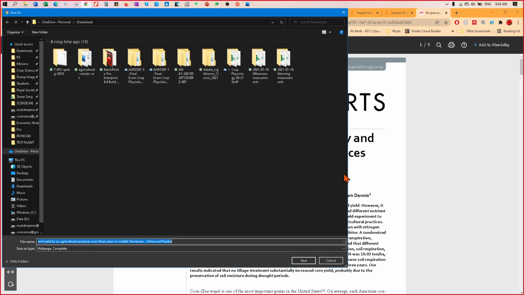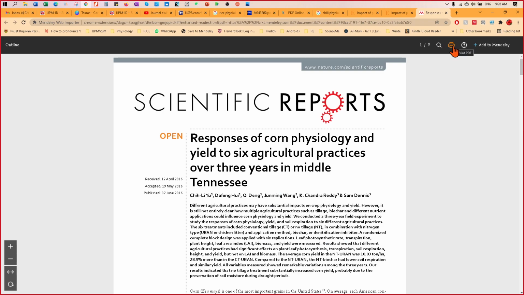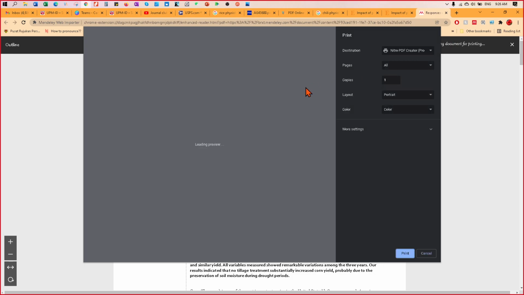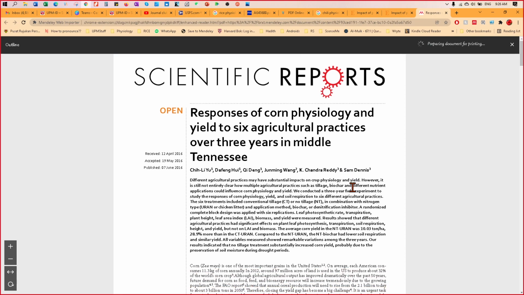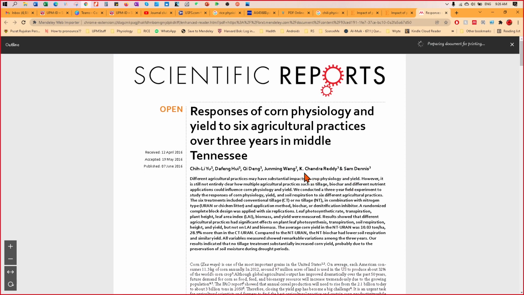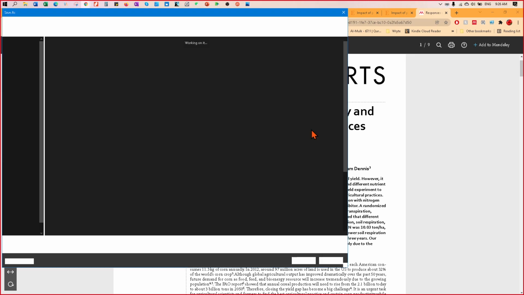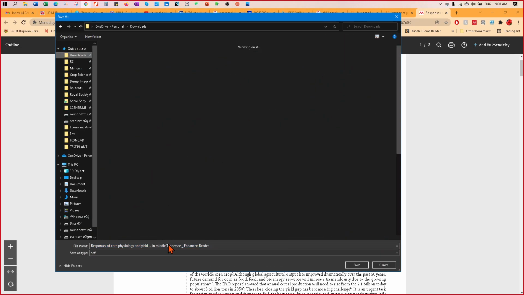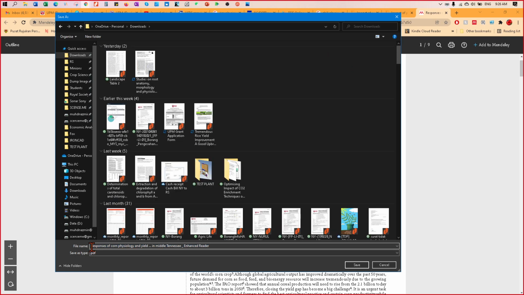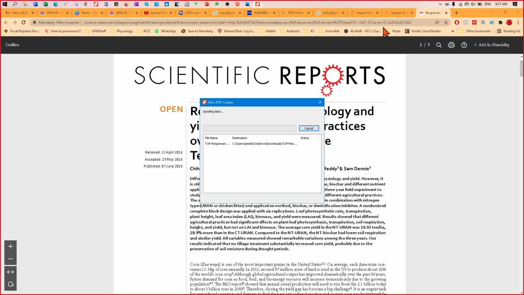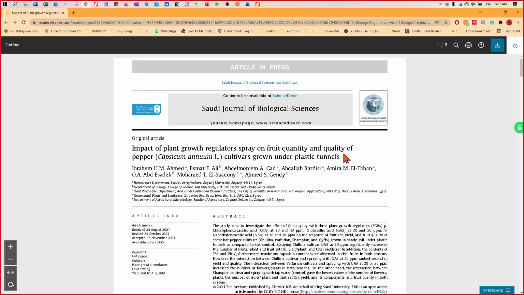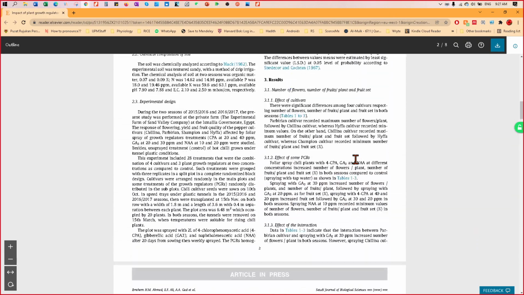Can I save this? No, I don't want to save this. Let me try to save it as PDF. Yay. So group top, you take this paper about corn, how it's grown in different ways. So I'll just put your group. And then group bottom, why don't you take this paper?